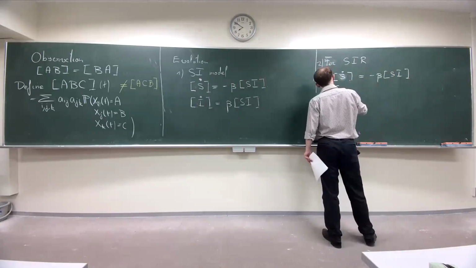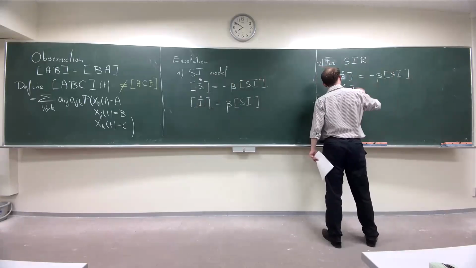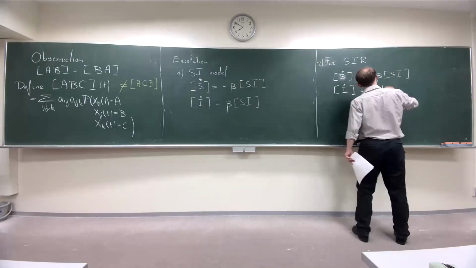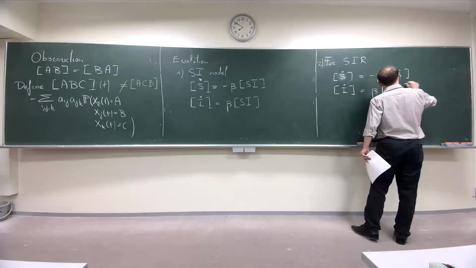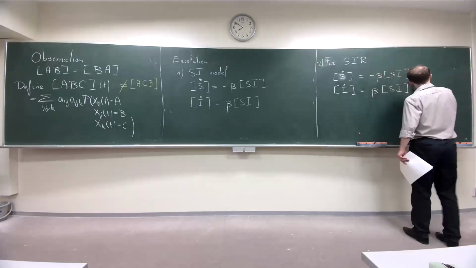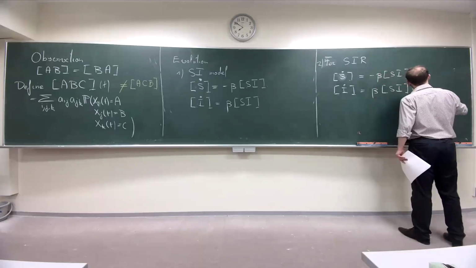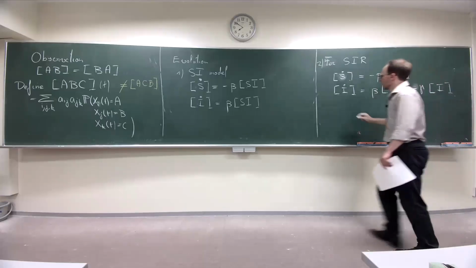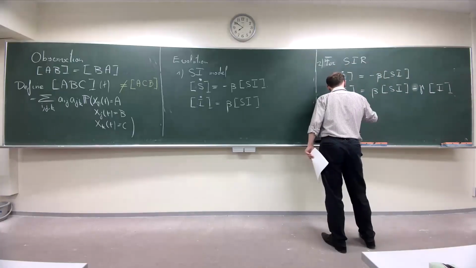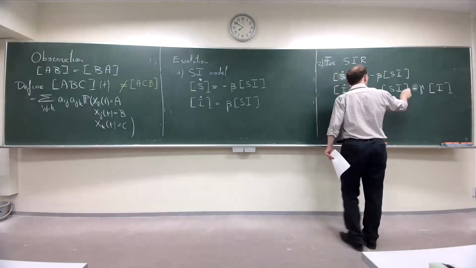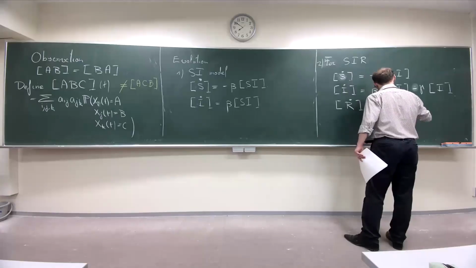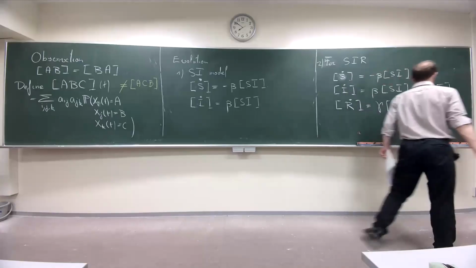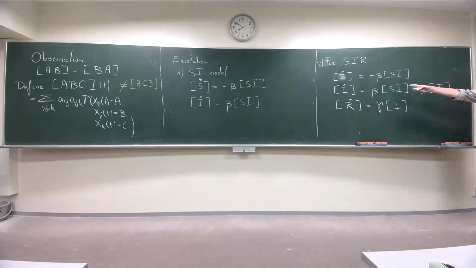Then the I variation is given by beta SI minus gamma times I, and R dot is gamma I. Indeed, in this model, the recovering is related to the number of infected times a certain coefficient.